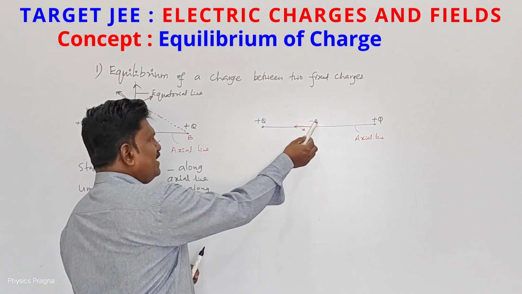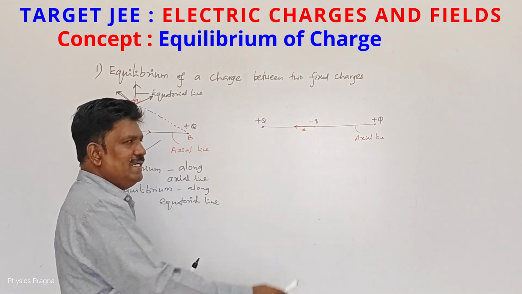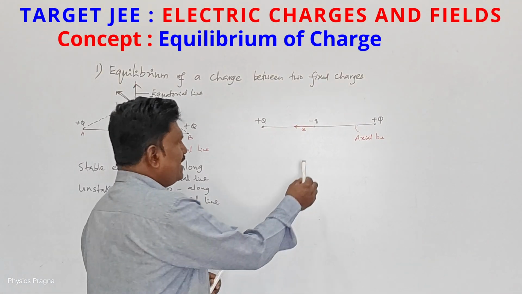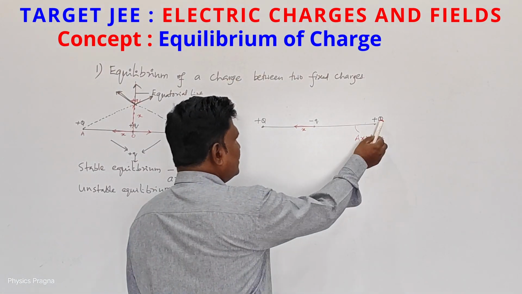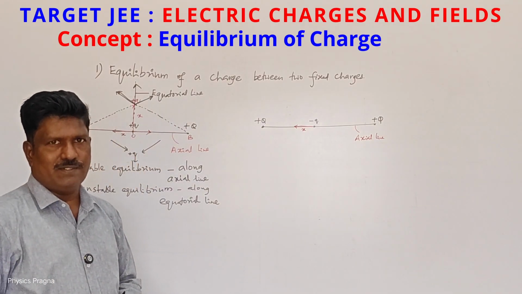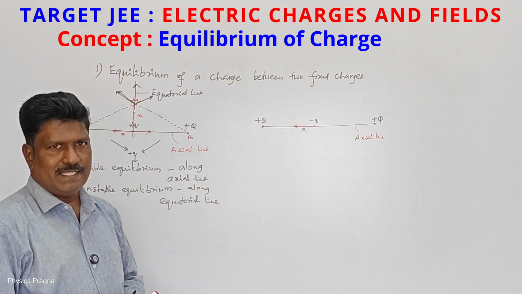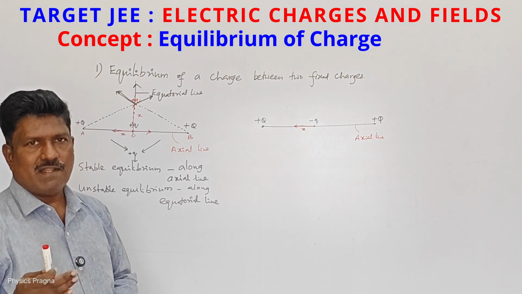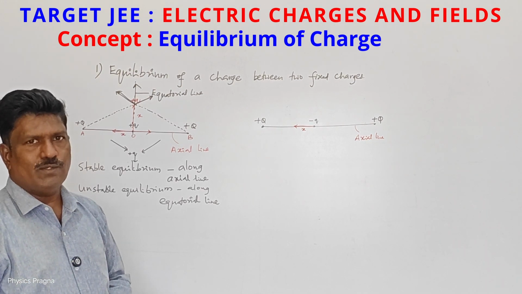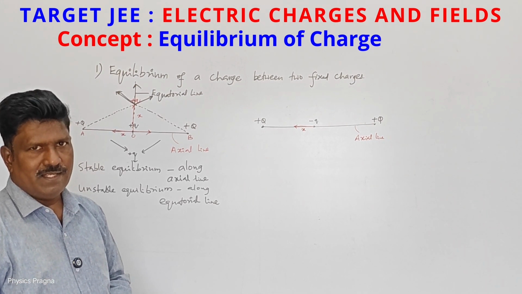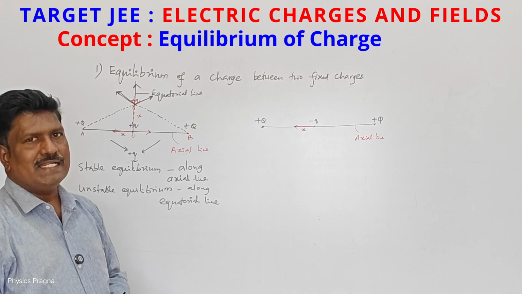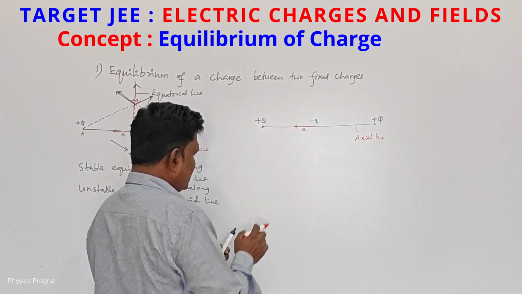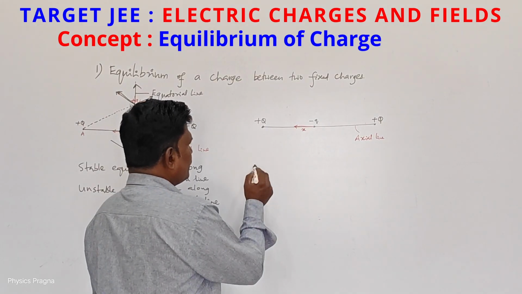So this negative small q will be attracted and it will go near to positive Q. Simultaneously, if I move it here also, it will go into positive capital Q. It won't come back to its mean position. If it cannot come back to its original position, the mid position, we call that unstable equilibrium.